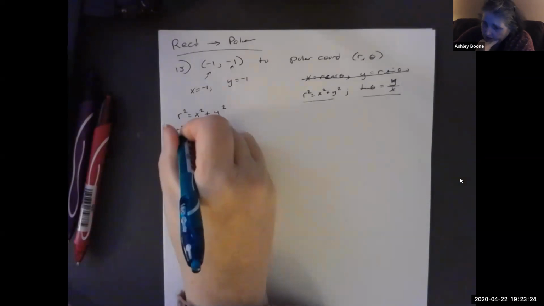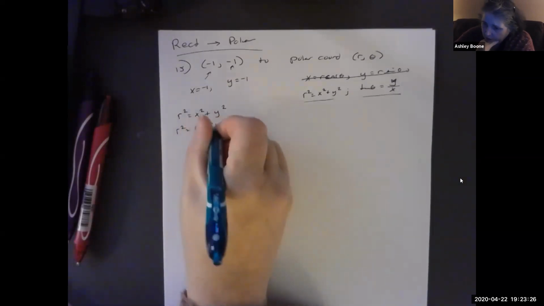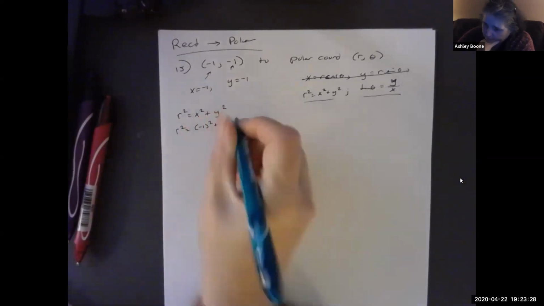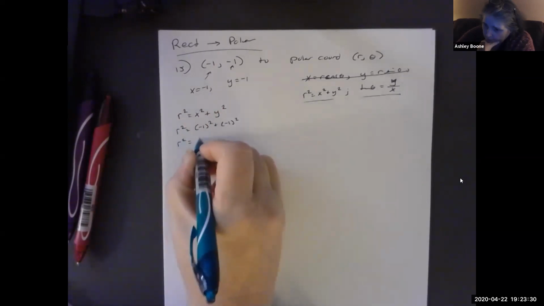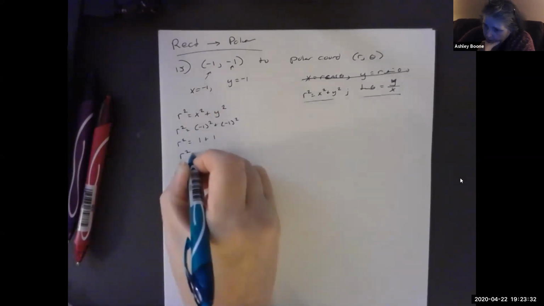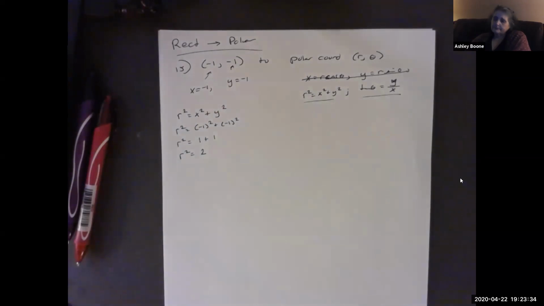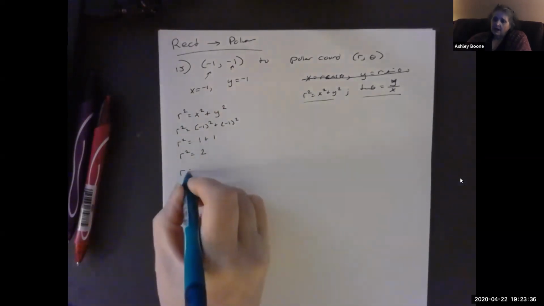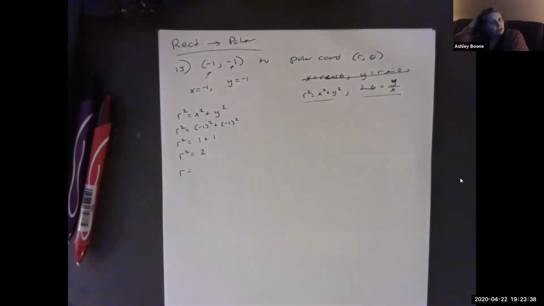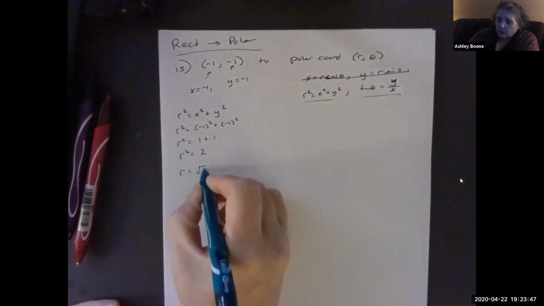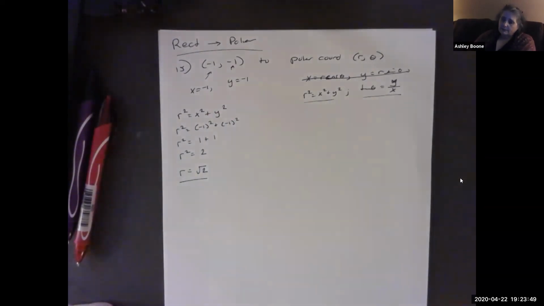That means r squared is equal to -1 squared plus -1 squared. R squared is 2. And when we were doing this, we wanted to write it where we had a positive r value and we had an angle within 1 revolution of the unit circle. So I'm going to write this as r equals square root of 2. So we have our r value.